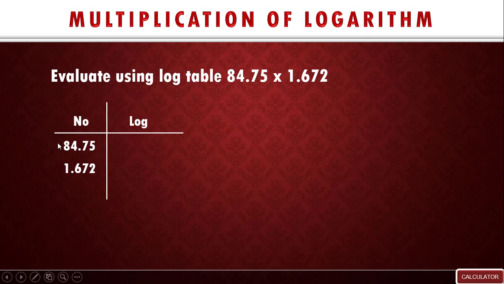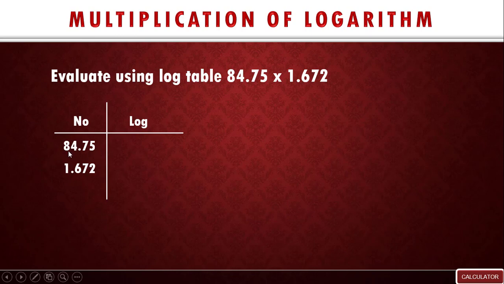To do that, if you're making use of your log table, all you need to do is go to your logarithm table and then go to 84 under 7 difference 5. That's for this one, just to get the mantissa.